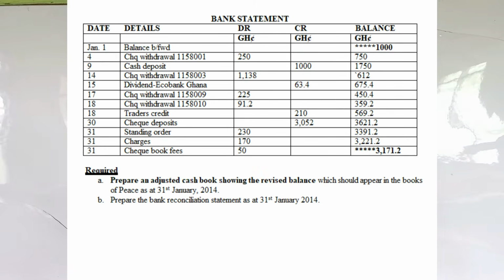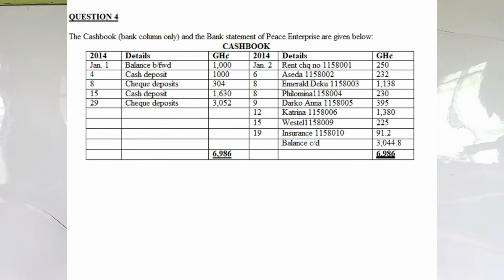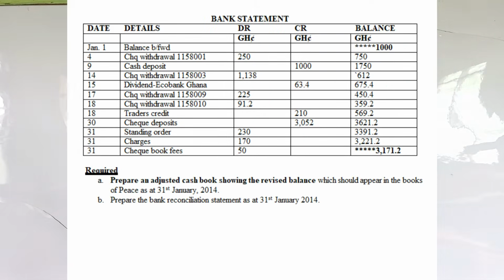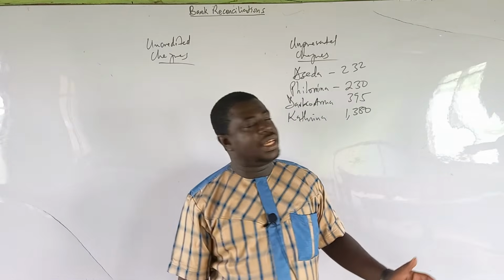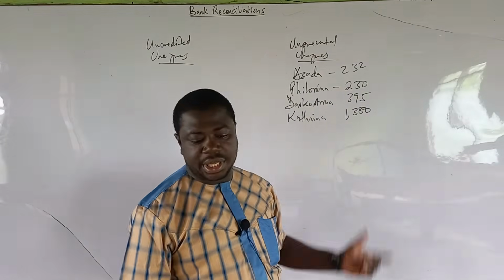Yes, it appeared on the debit of the bank statement as check withdrawal, 225. The check number is even the same. So that's one way to be sure: when the check numbers are the same, it's the same check. Then insurance, 91.2. Yes, it can also be found on the debit of the bank statement. The check numbers are the same. And that is it. We are done. So it means that these are our only unpresented checks.